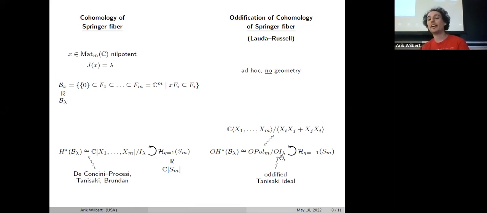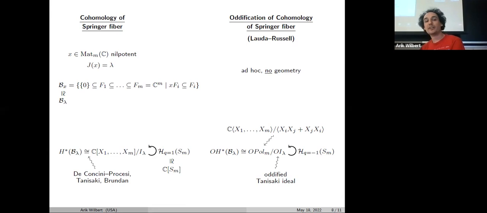Because of all these nasty signs that you get, the ideal that you mod out here is actually not a two-sided ideal. Okay, so you have certain generators here, and you have to decide: do I look at the right ideal generated by this or the left ideal generated by this? In contrast to the left side, you have to make a decision, and you're not going to get a two-sided ideal in general, which makes it impossible to realize this as a cohomology ring, right?